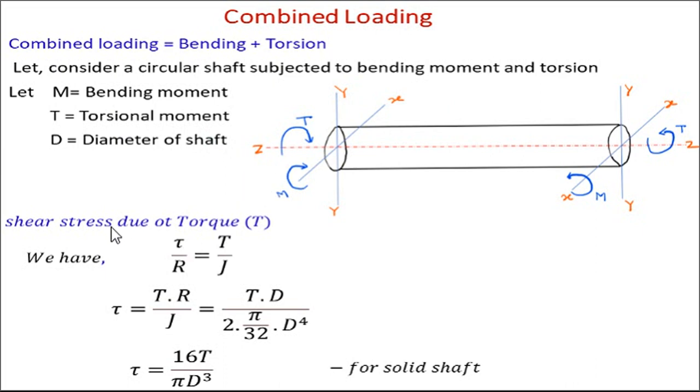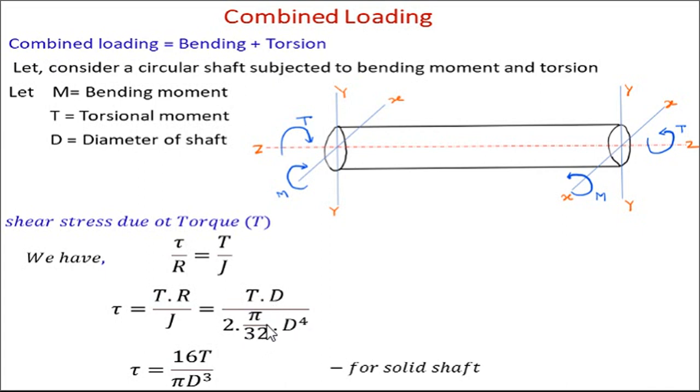As we have studied in the unit on torsion, there is a torsional formula, and we can use it to find the shear stress due to torque T: tau divided by R is equal to T upon J. So we can determine tau as TR divided by J. Here R is the radius of the shaft, half of the diameter, so D by 2, and J is the polar moment of inertia for a solid circular shaft, which is pi by 32 d raised to 4.